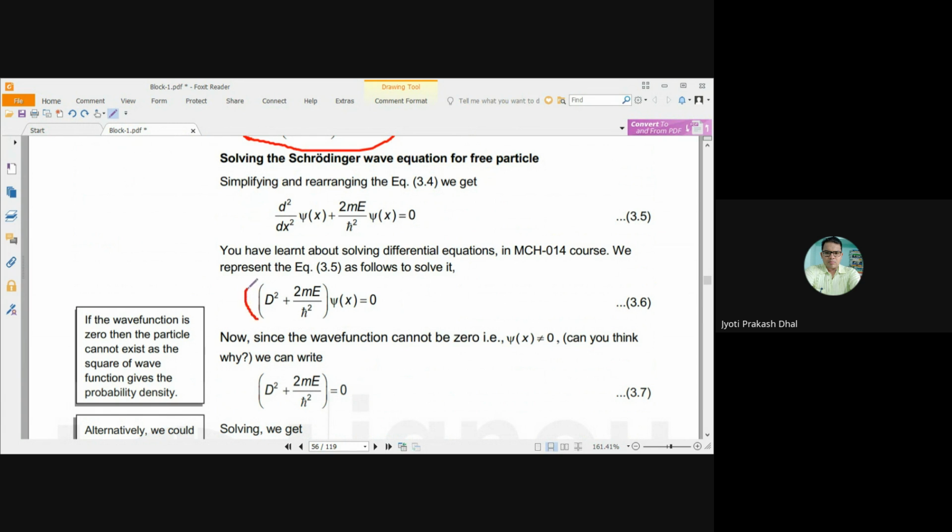That can be written as d square by dx square plus 2mE by h cross square, whole into psi x.